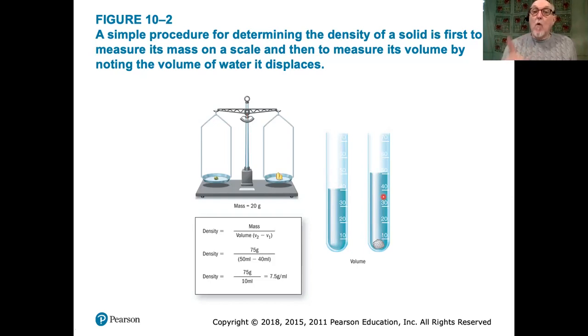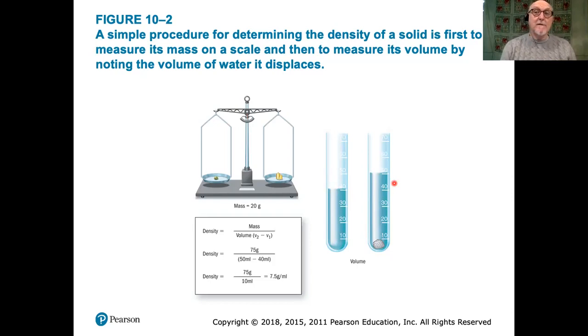Well, 1 cubic centimeter is the same as a milliliter. So here it starts off at 40 cubic centimeters, 40 milliliters. It displaces 10. So what is the weight there? What do 10 cubic centimeters of water at 4 degrees Celsius weigh?